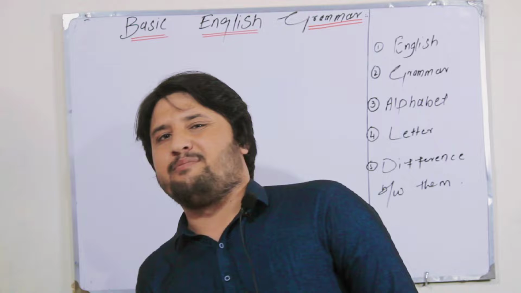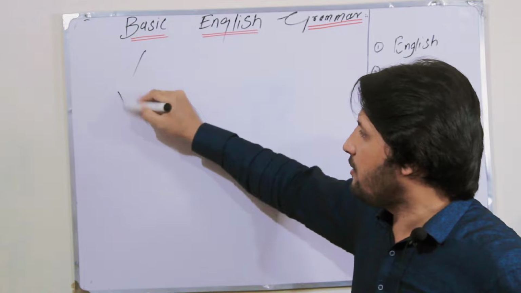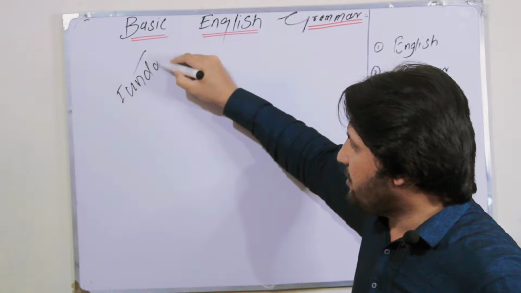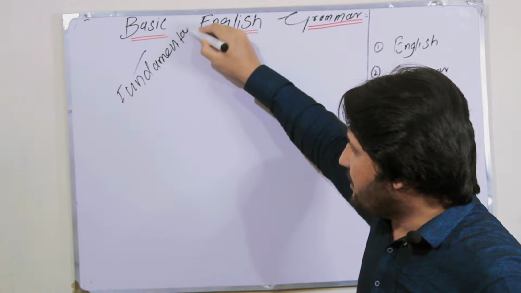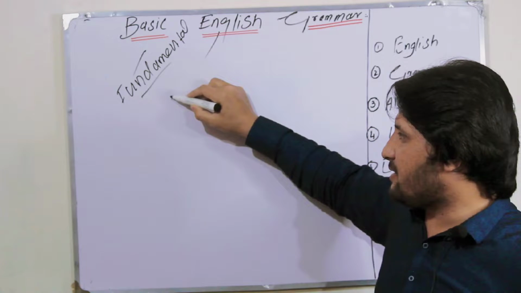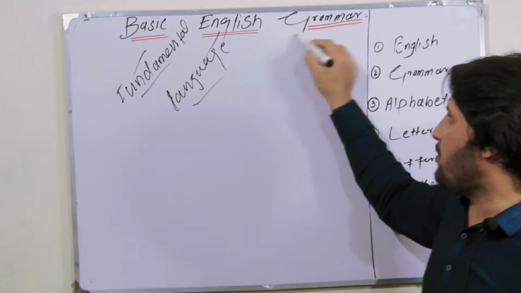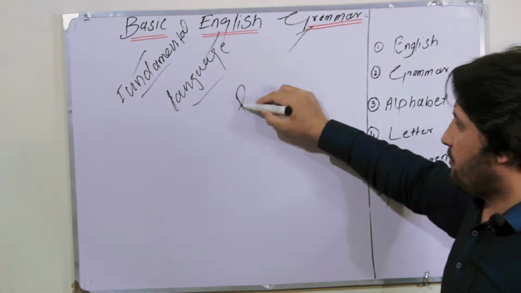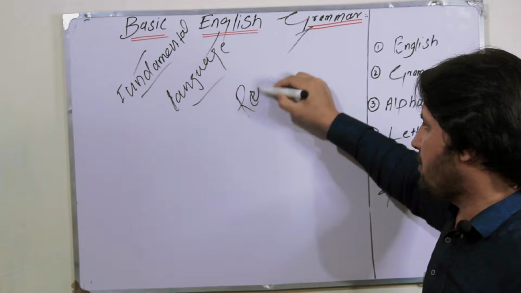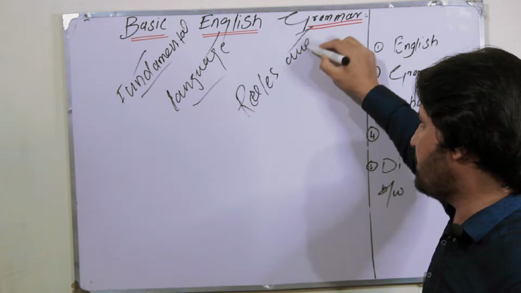What does basic mean? Basic means fundamental. What is English? It is just a language. And what about grammar? It is the name of rules and regulations.